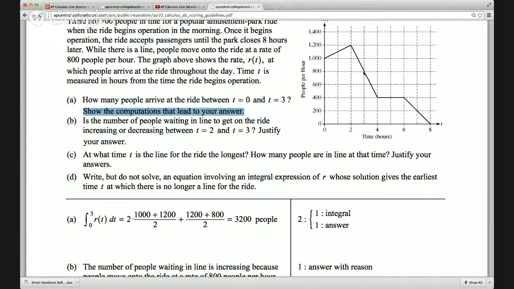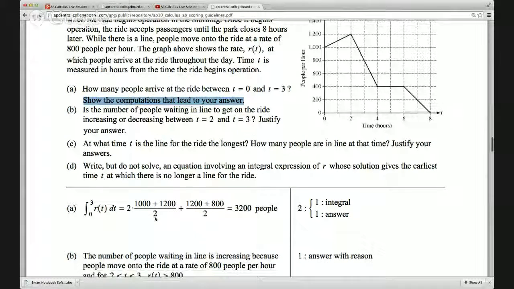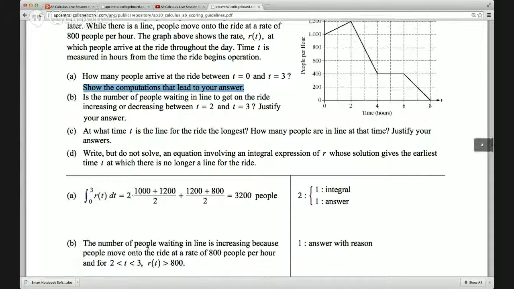Between 2 and 3, there is more than 800 people getting in that line. And if the rate at which they're getting in the line is greater than the rate that they're moving out of the line, that would mean the number of people waiting in line is increasing, because people move onto the ride at a rate of 800 people per hour, and for between 2 and 3, the rate of people getting in line is greater than 800.